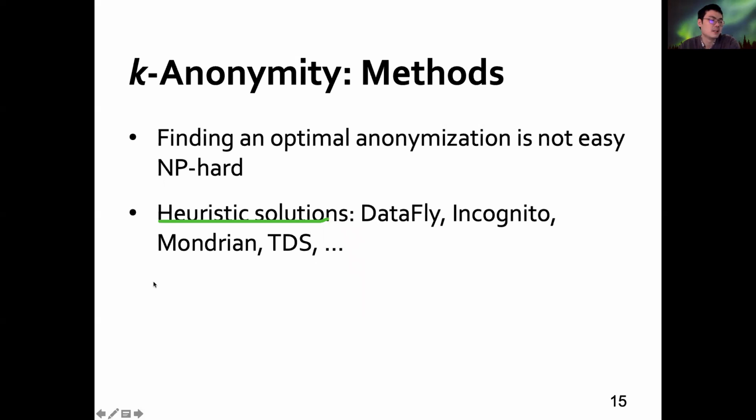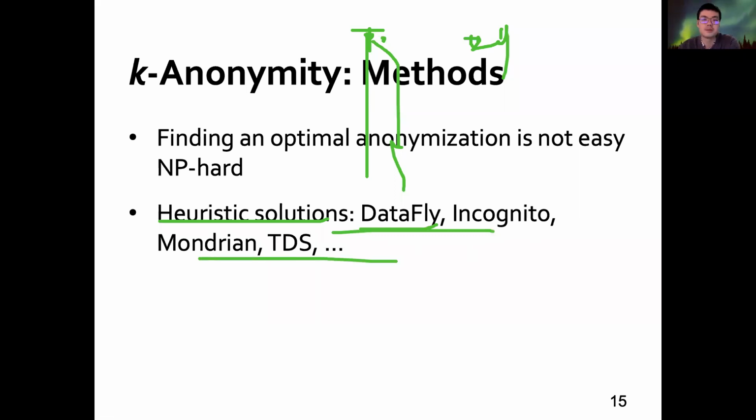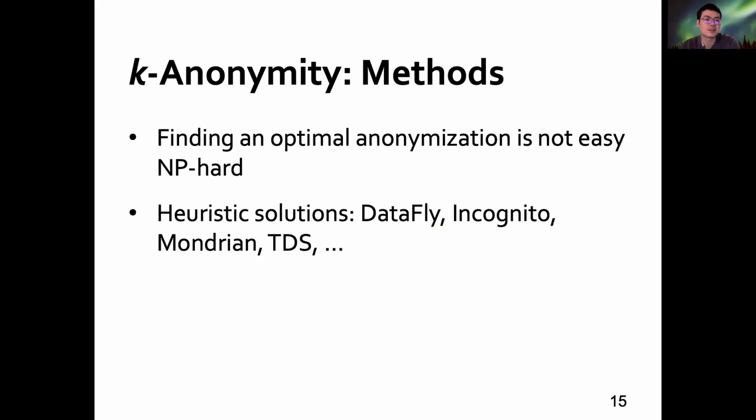Usually you also want a so-called approximate algorithm, which means that finding the best one would take 1 million years, but you find one a little bit looser than that, maybe 90% of the utility in terms of the cost of suppression or generalization. You can achieve that in 5 minutes. So these algorithms are doing this. They are still not easy to read, so if you have interest, you can challenge yourself a little bit.